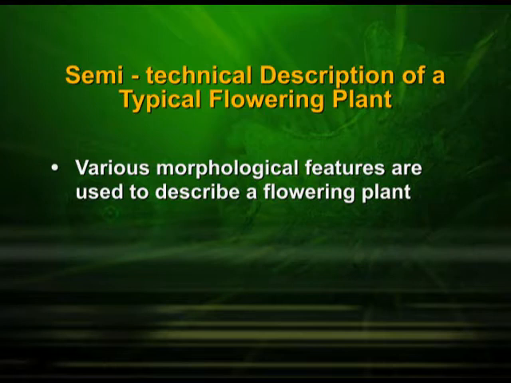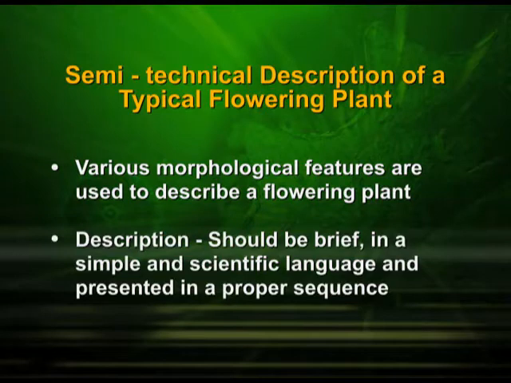There are certain semi-technical descriptions of a typical flowering plant, which become very convenient when we have to explain a flowering plant. The various morphological features are used to describe a flowering plant. The description should be brief, in simple and scientific language, presented in a proper sequence.